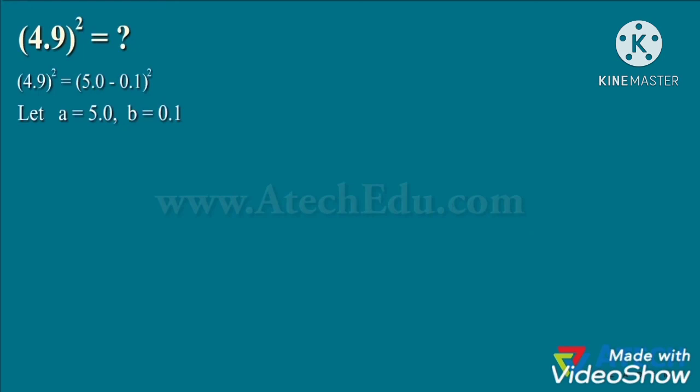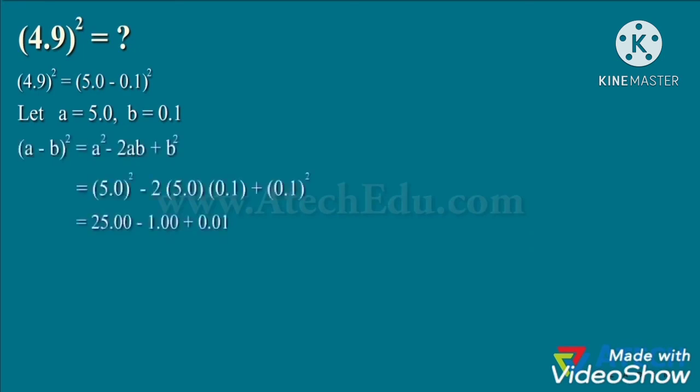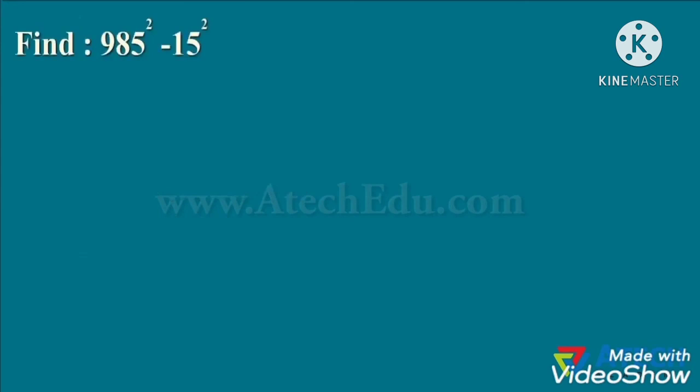Upon applying the standard identity, (a minus b) whole square equals a square minus 2ab plus b square. When we put the values of a and b, we get 24.01 upon solving.